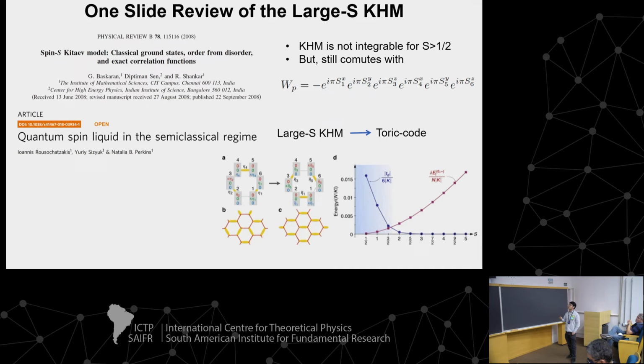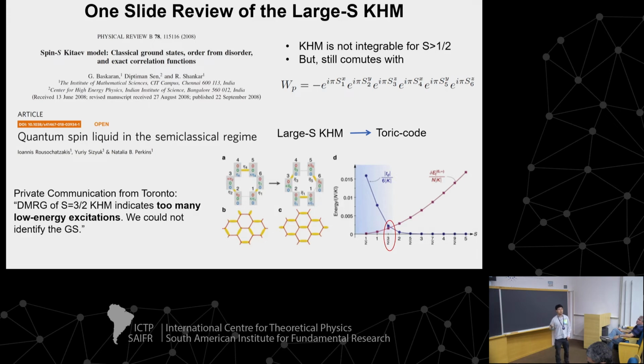And the instability of this theory depends on the energy scale in blue here, which corresponds to the possibility of rearrangements of dimers in a single plaquette. So it turns out that for S equals 3/2 specifically, the two energy scales are the same, so nobody knew what the ground state of the Kitaev model was specifically for this value of spin.